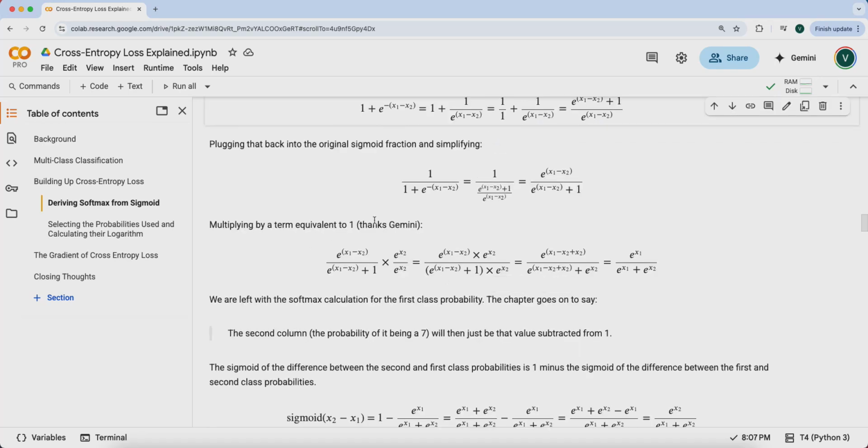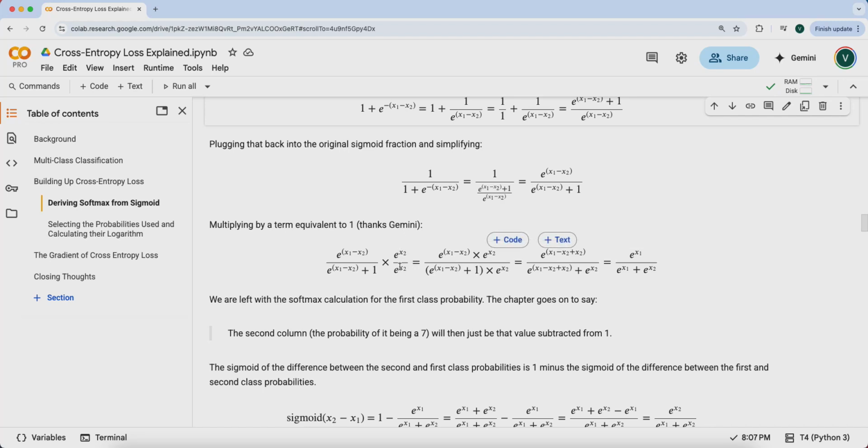With some help from Gemini, I realized that I can now multiply this term by 1. I'm going to choose a particular fraction to use as 1, and that fraction is e to the x2 over e to the x2.